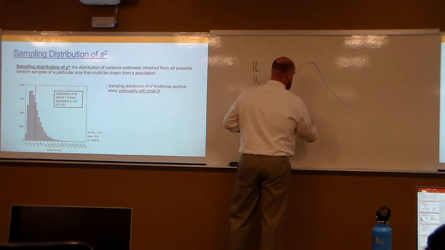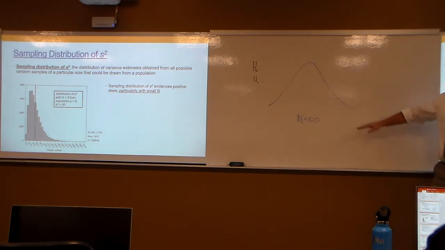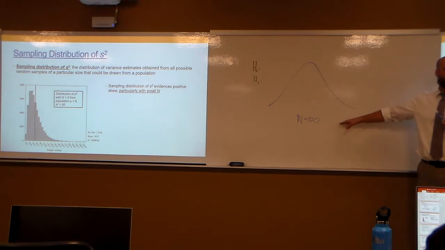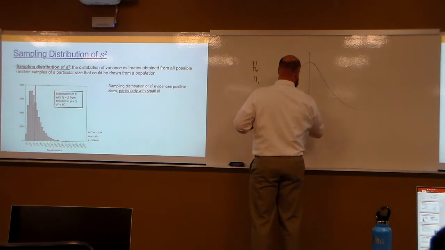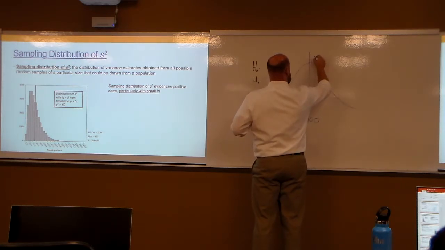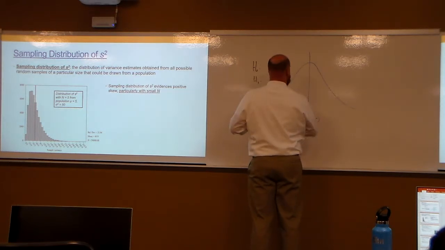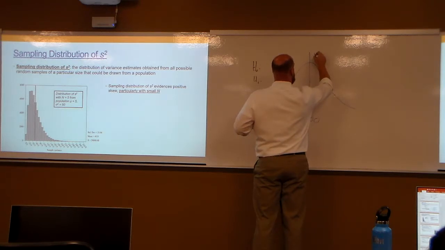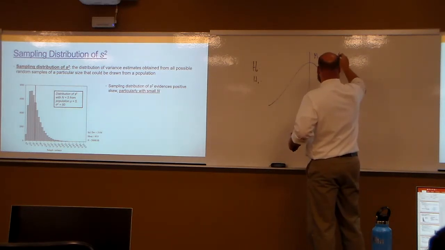So if I had n equals 100, and this sampling distribution represents all possible samples of size 100 that I could draw from the population, I know that the expected value of the mean, or the mean of all sample means, is going to be equal to my population parameter.